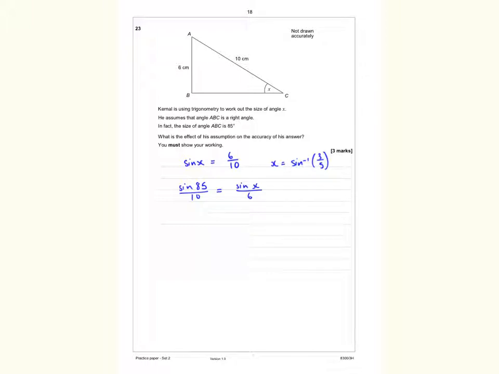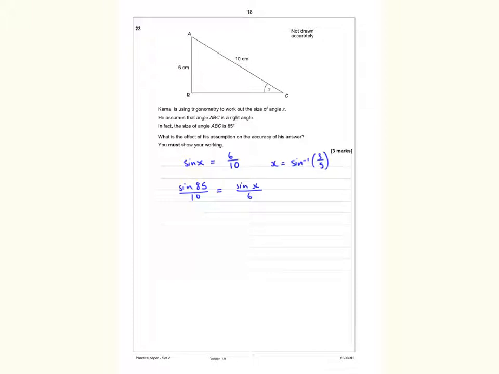Now there is another form for the sine rule, which is to have it as 10 over sine of 85 equals 6 over sine of x. But as we're finding the angle, it's easier to have the angle at the top. So whatever the unknown is, have that at the top, and it's easier. So what I can do to rearrange that is times by 6.